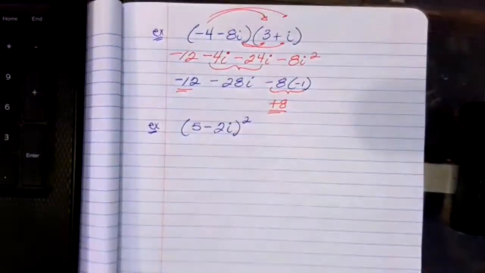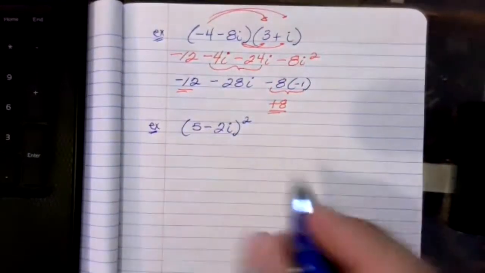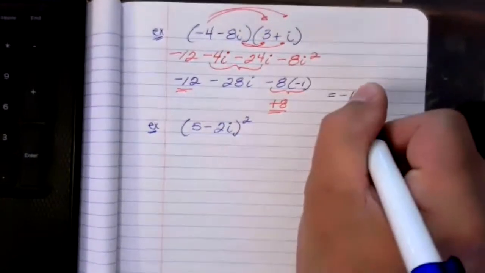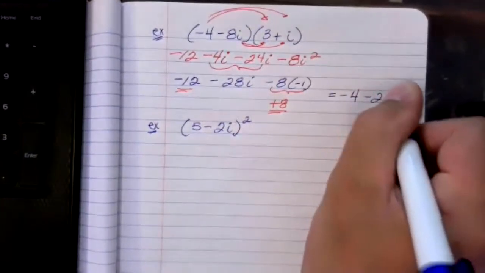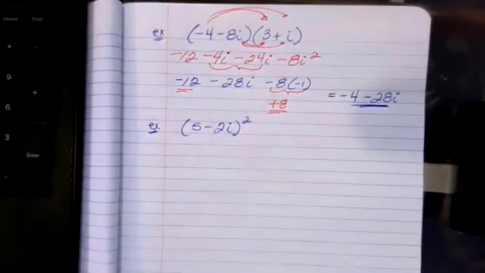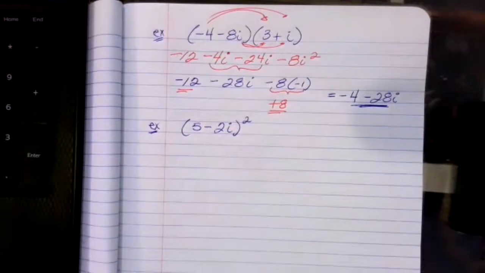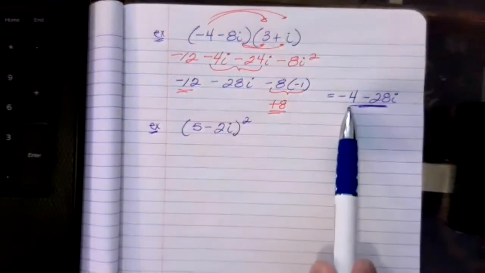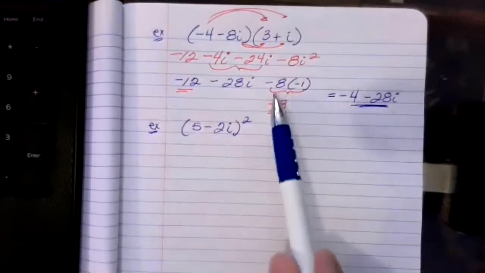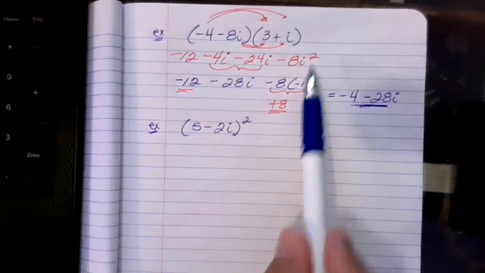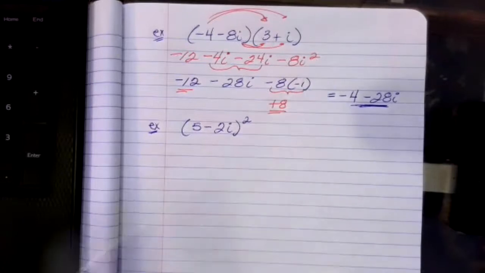They're like terms. And it looks like my final answer is going to be negative 4 minus 28i. Because my negative 12 and my positive 8 give me my negative 4. This is a positive 8 because it's a negative 8 times i squared. We said i squared was negative 1. Always.